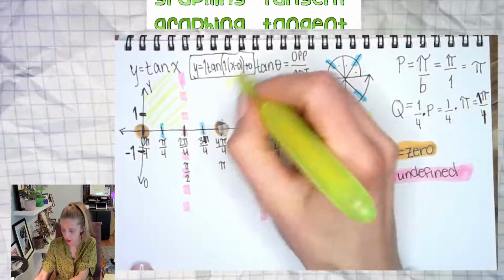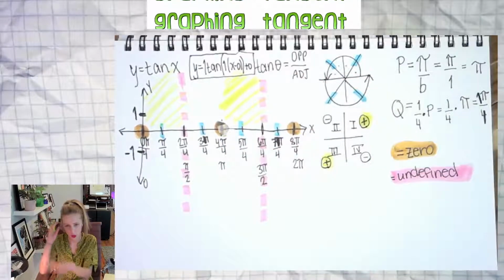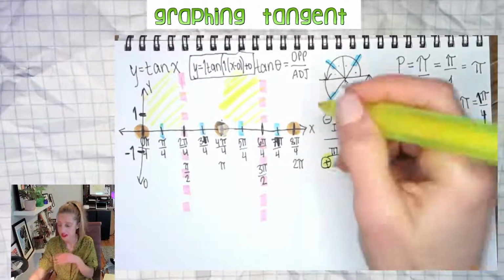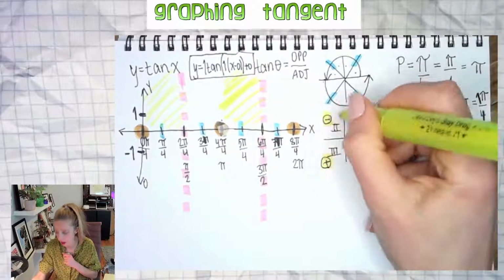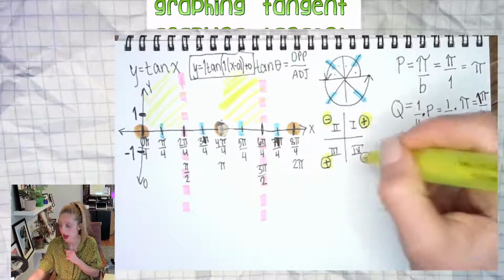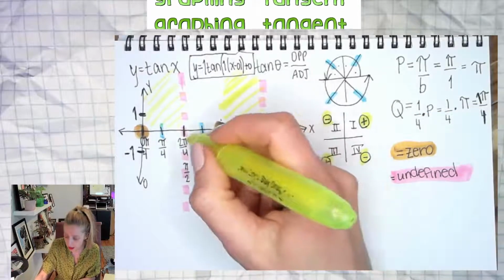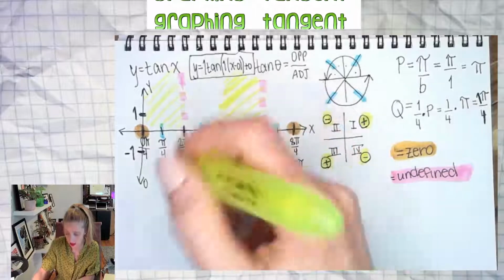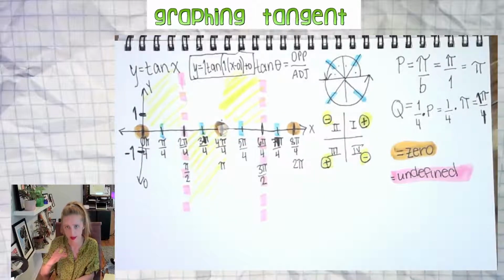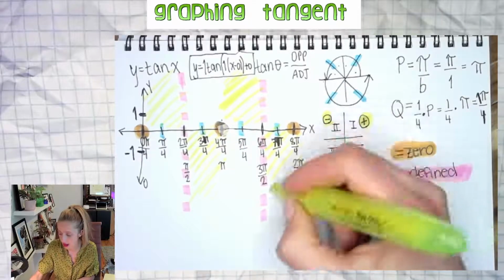Same over here. We're going to have graph up here. That's where the graph is going to happen. Then it's negative between pi over 2 and pi, and it's negative between 3 pi over 2 and 2 pi in those spaces. So what does that mean? Well, my output, my graph, will happen beneath my x-axis, there and there.